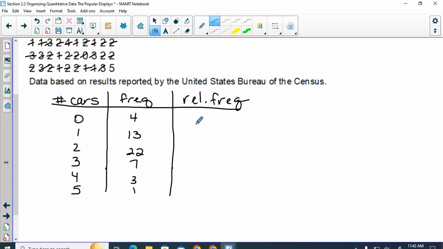So 4 over 50, 0.08. 13 over 50, 0.26. 22 over 50, 0.44. 7 over 50, 0.14. 3 over 50, 0.06. And 1 over 50, 0.02. What should the relative frequencies add up to? 1. Okay.